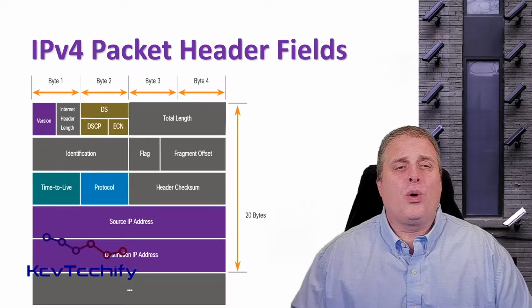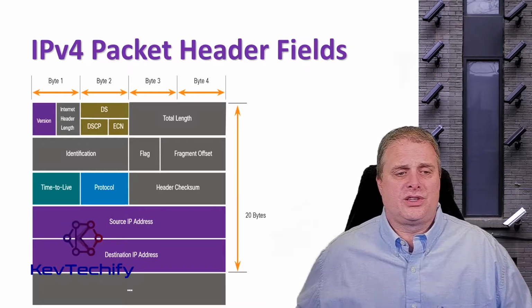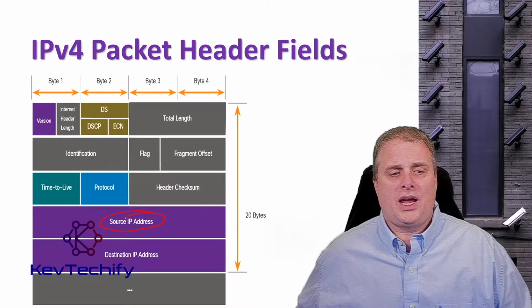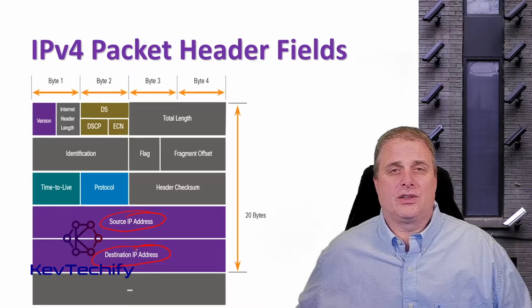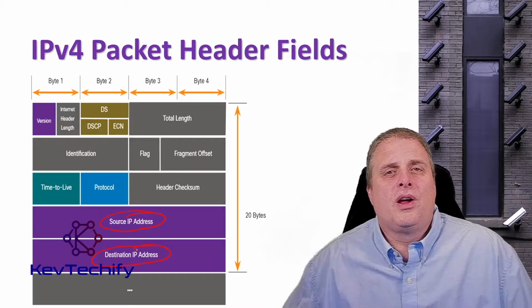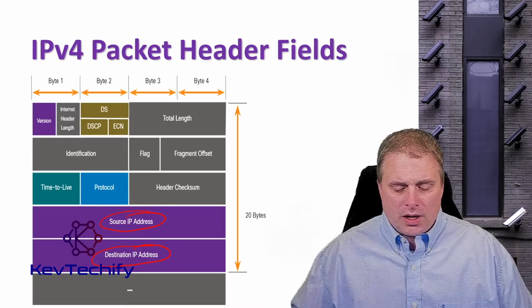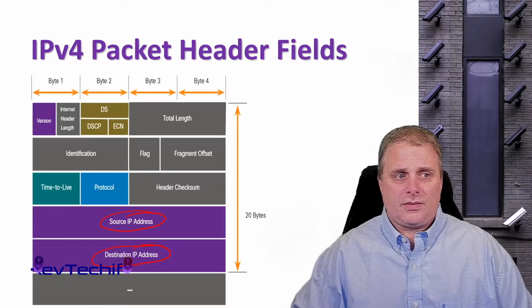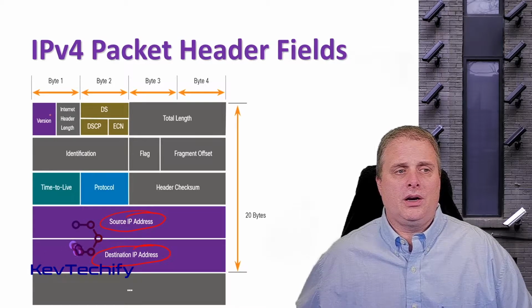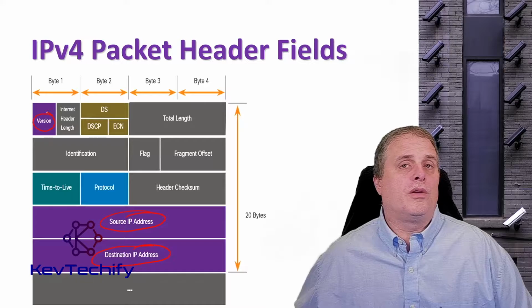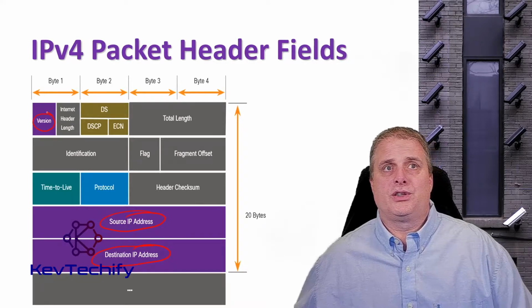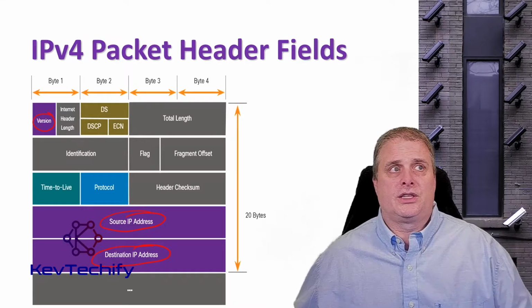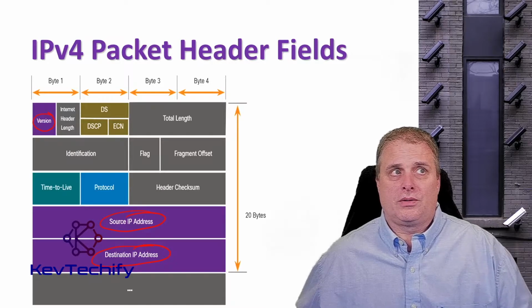Now, the most important fields out of these are the source IP address and the destination IP address. Those are the two most important fields to understand. But we'll also talk about a couple of the other fields. Now, the version up here tells us what version we're using, for IPv4 or IPv6, that's what we're talking about.